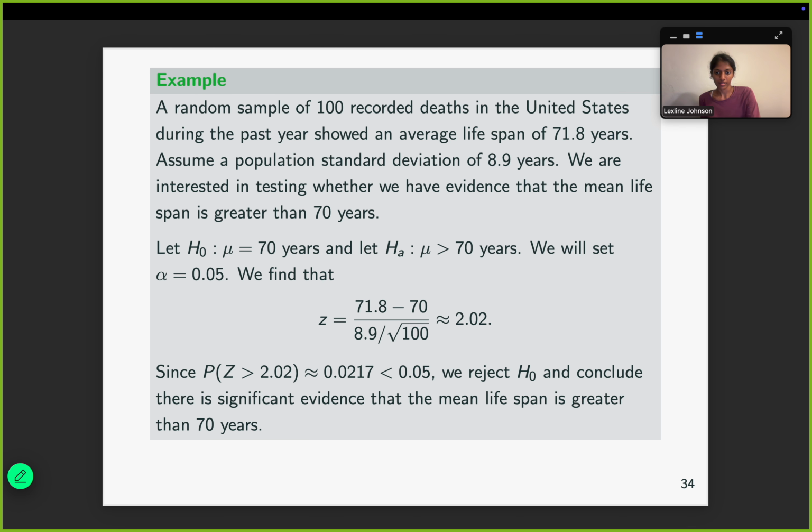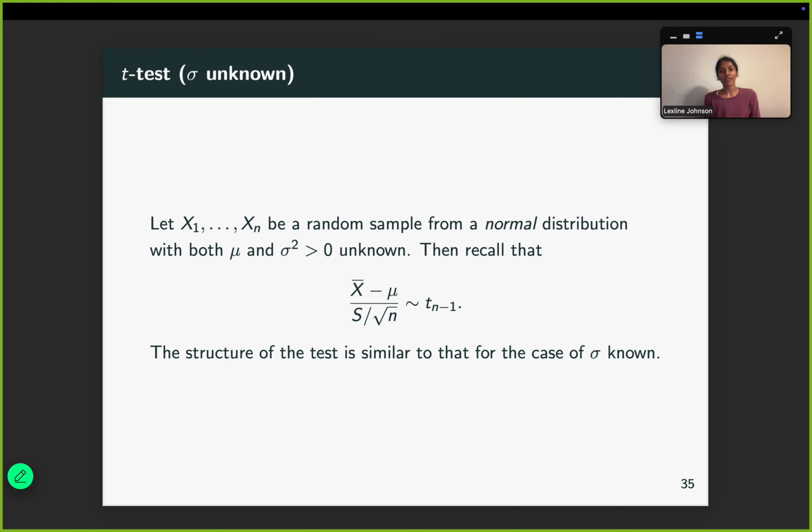Okay, and now we have our t-test next. Our t-test is a test we use if our standard deviation is unknown. So let x1 through xn be our random sample from a normal distribution where both our mean and our variance are unknown.